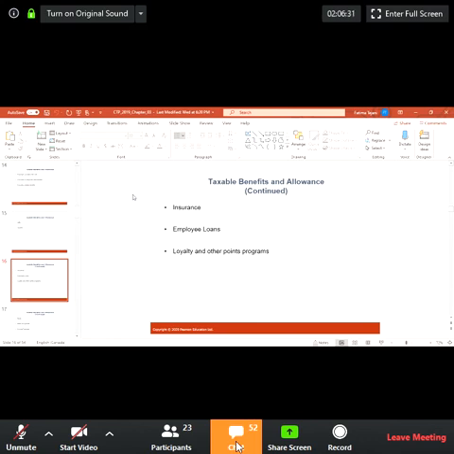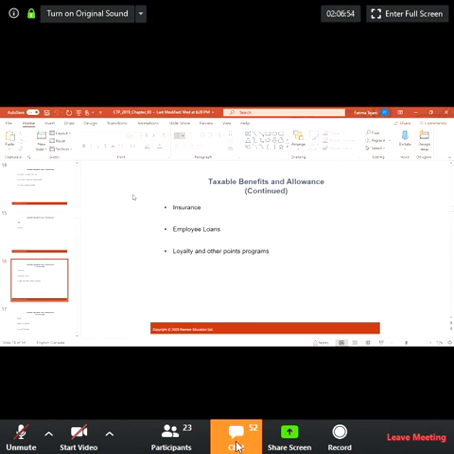Loyalty and other points programs. Suppose you are traveling to different places for business purposes, but you are using your own credit card, and then the employer will reimburse you that amount. That is all good, but when you use your own credit card traveling for business purposes, you get some air miles, some kind of credit points.